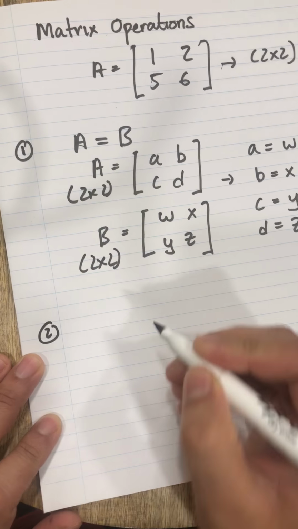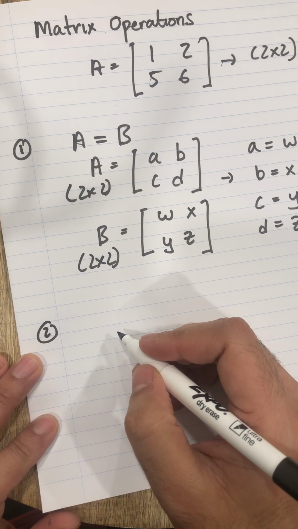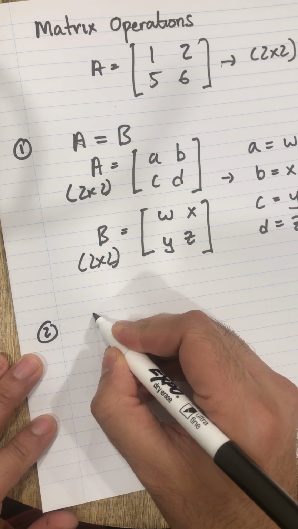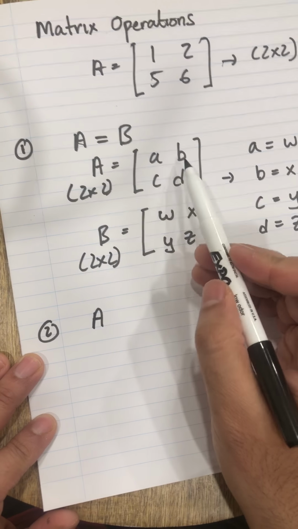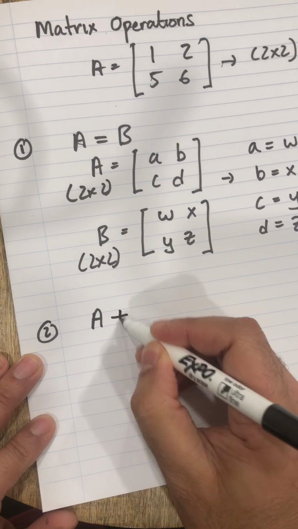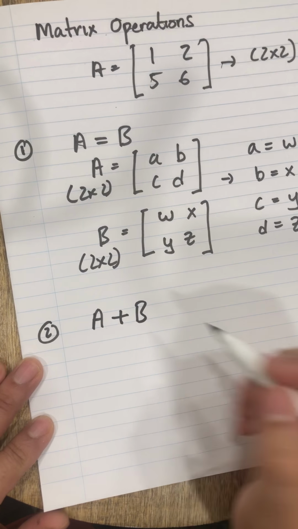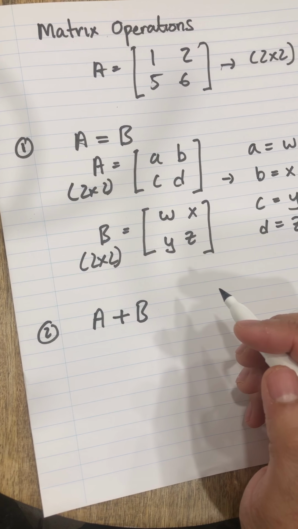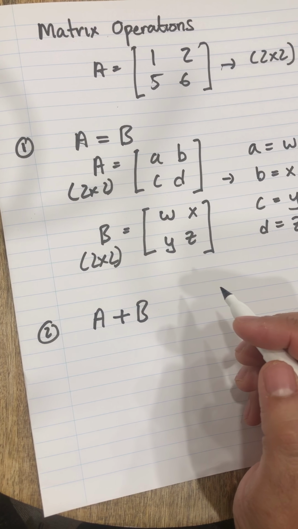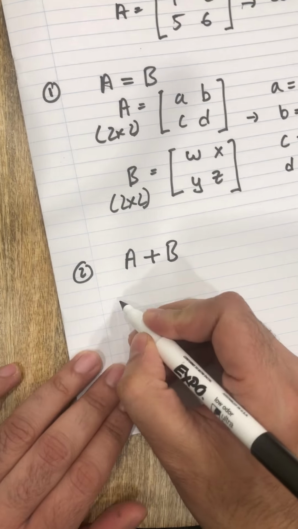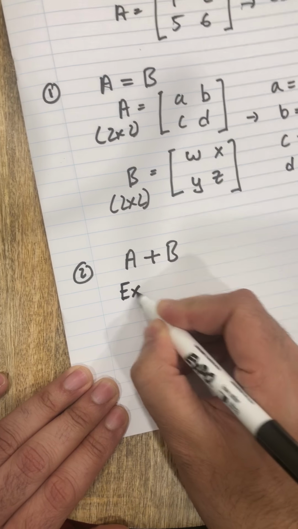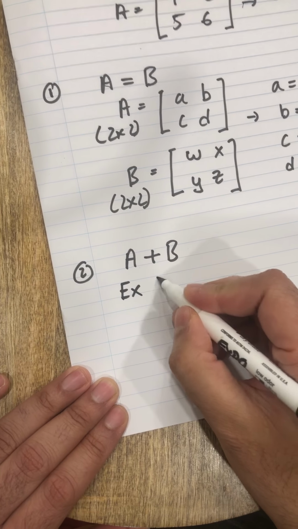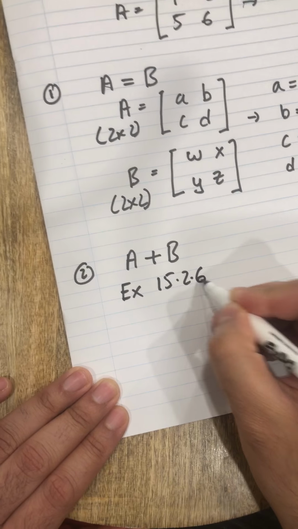The other rule, which is also useful, is that if you have two matrices of the same order, you can also add them. I'll show you an example which is given in the textbook, example 15.2.6.